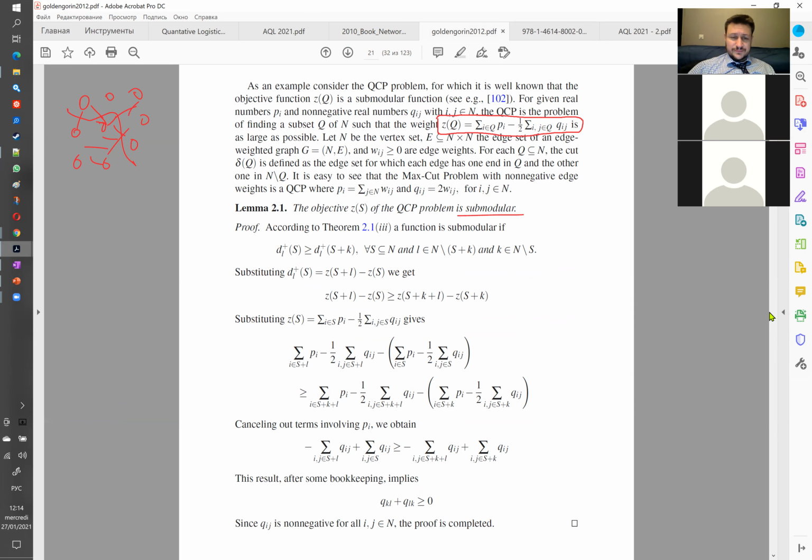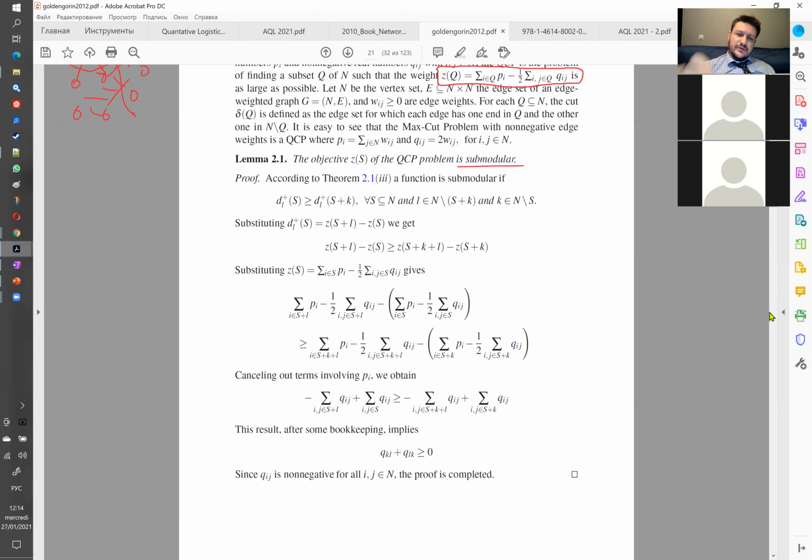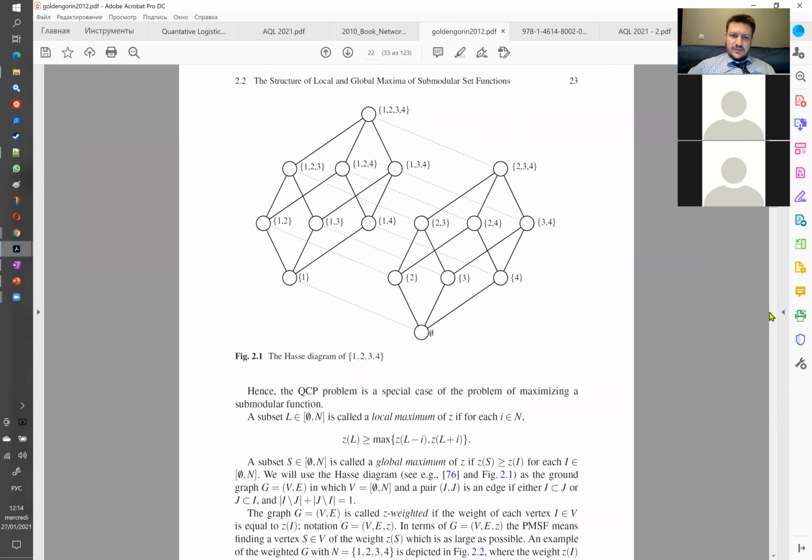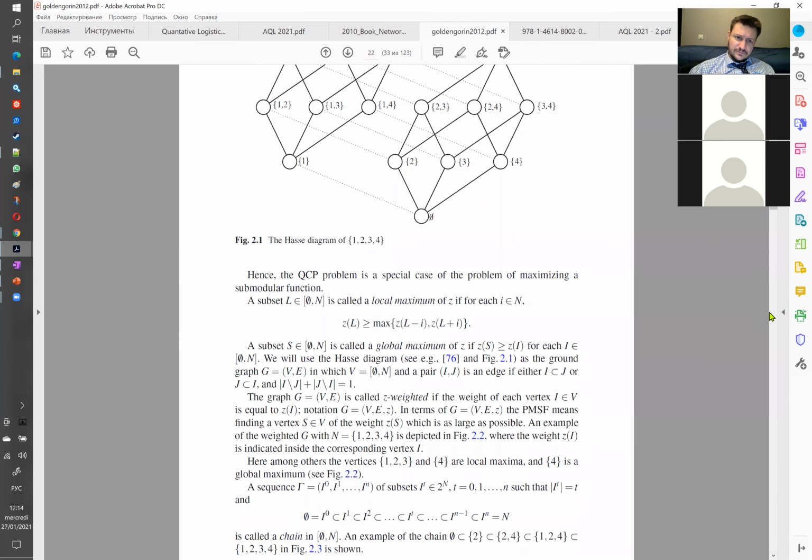There is a proof. There are Hasse diagrams. We will discuss Hasse diagrams next week.